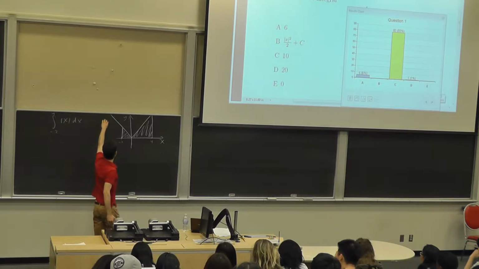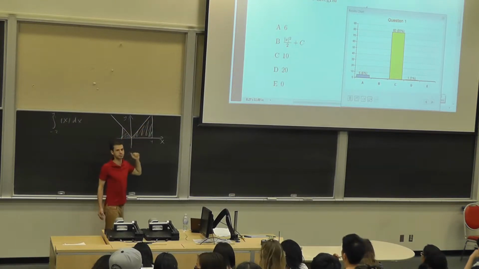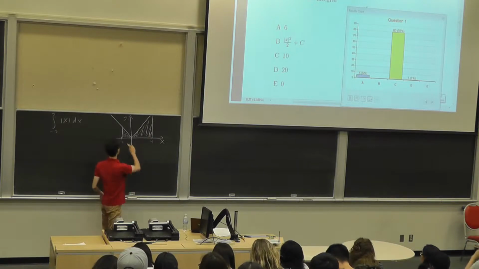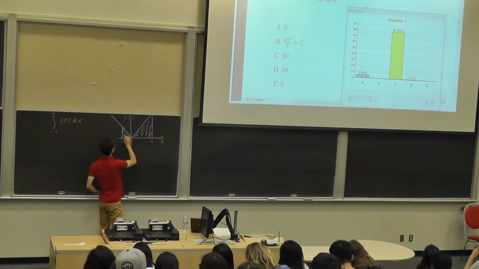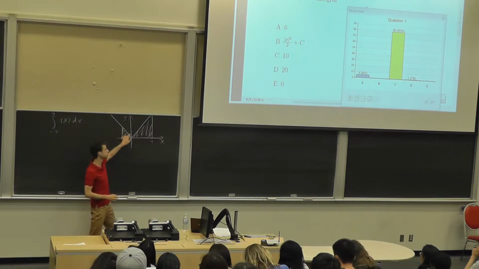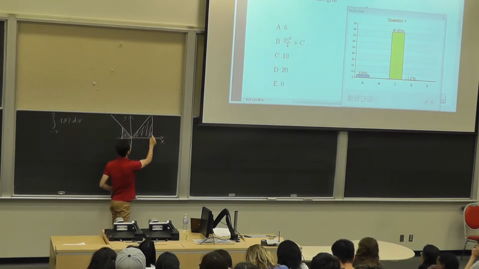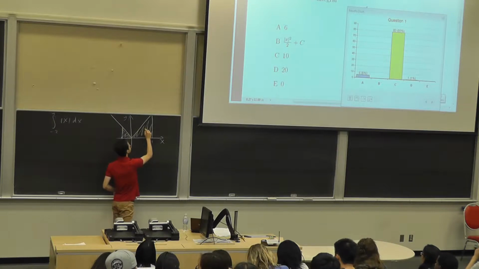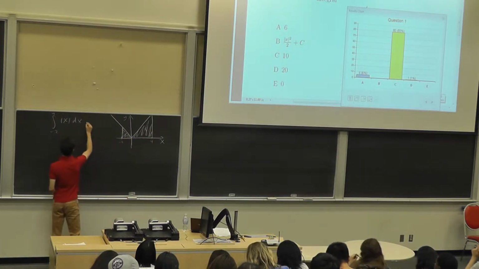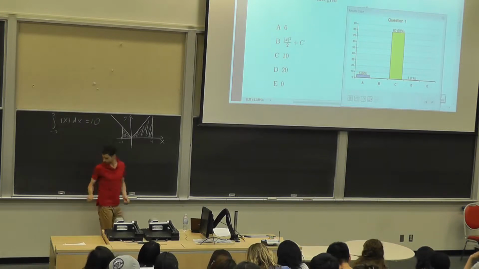The whole function lies above the x-axis, so both contributions are positive. This triangle has area 2 times 2 divided by 2, which is 2. This triangle has area 4 times 4 divided by 2, which is 8. And the total area is 2 plus 8, which is 10.